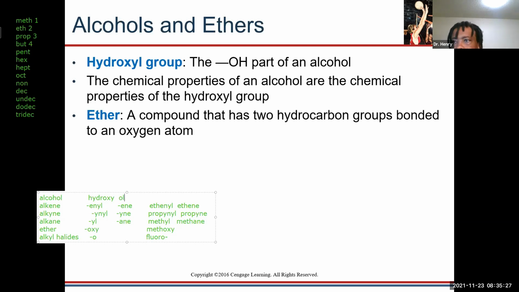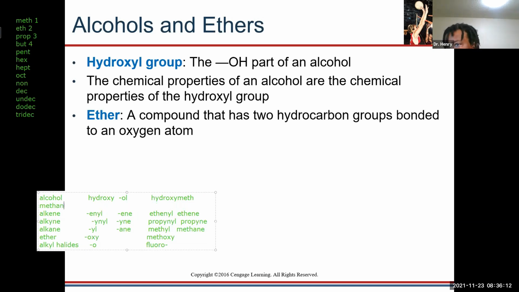Or we put ol if it's the highest priority. Hydroxy. So let me give you an example.